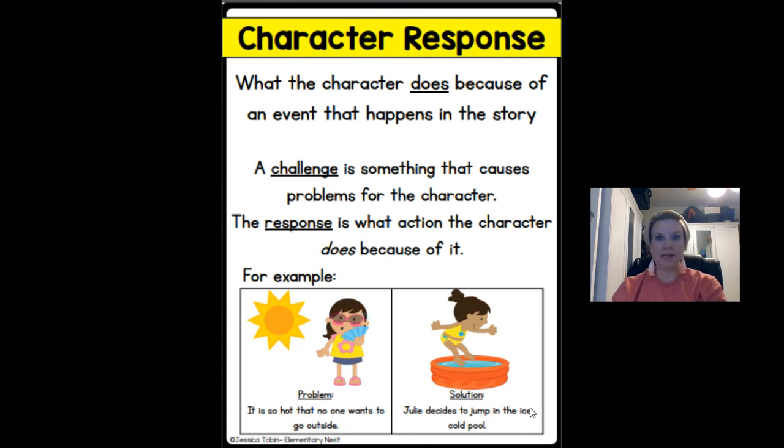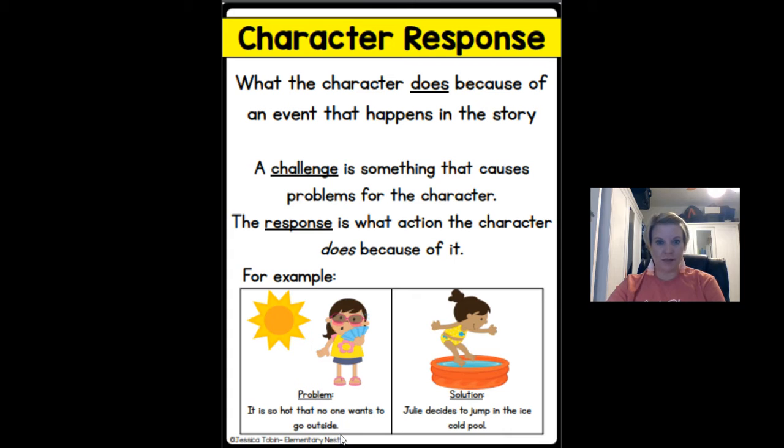So let's go ahead again and review our anchor charts. Character response, remember, is what the character does because of an event that happens in a story. The event is going to be some kind of challenge or problem, and the response is the thoughts, the feelings, or what the character says because of the event and how they respond to it.